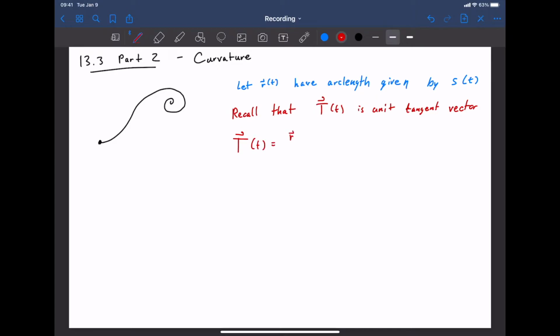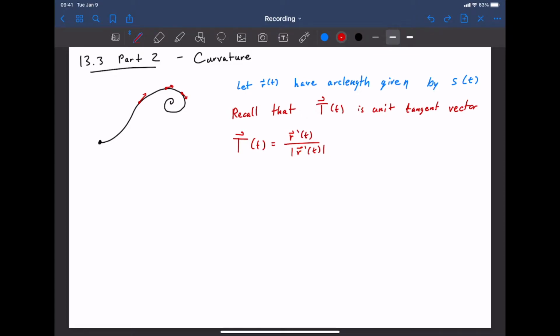It's the derivative of r divided by the length of that derivative. And that unit tangent vector is sort of telling us the heading of the curve at any point, right? We're making it a unit vector, so we can just think of this as giving us a direction.